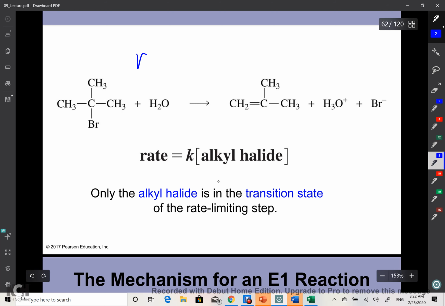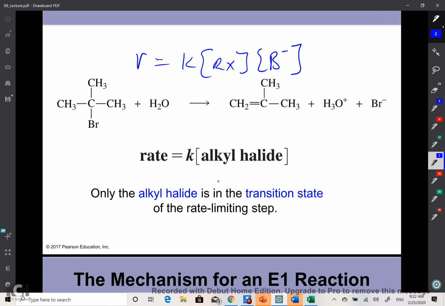Let's look at the rate law of an E2. That's the rate law for an E2. Rx stands for the alkyl halide, and B minus stands for the base.